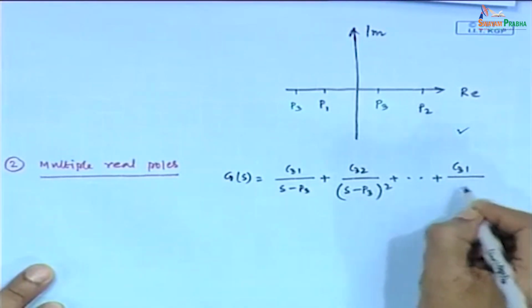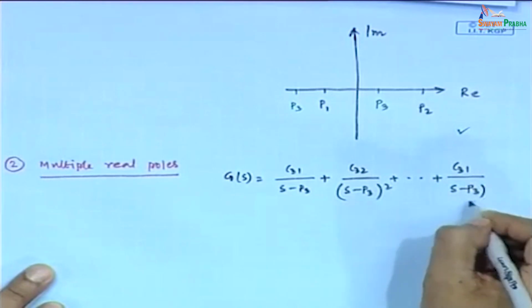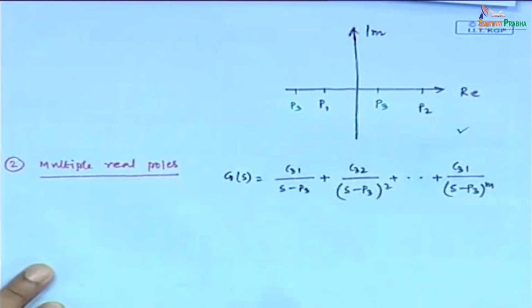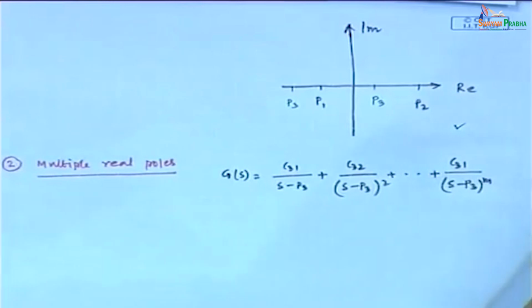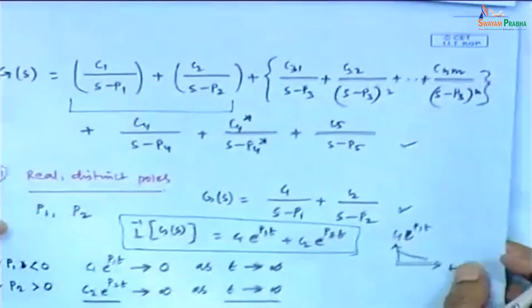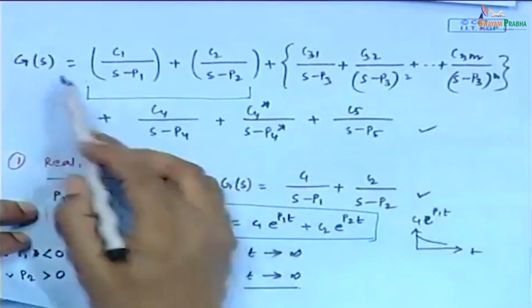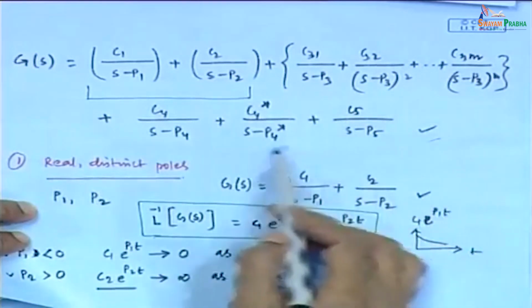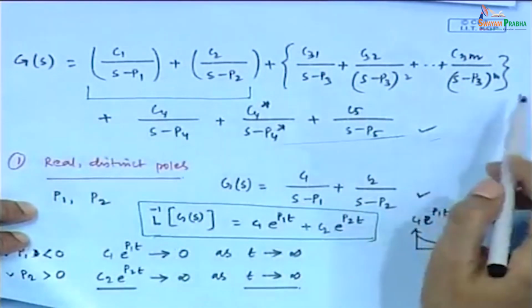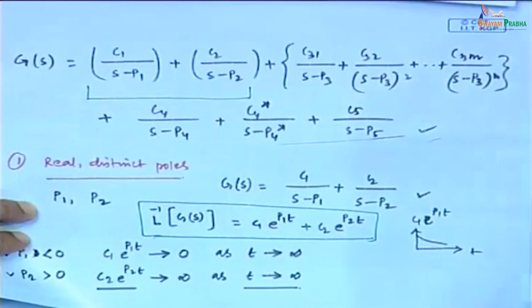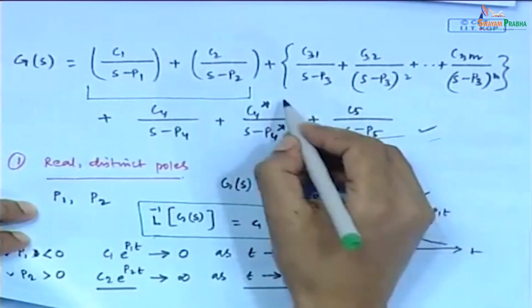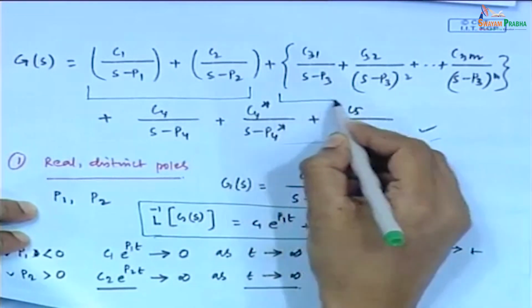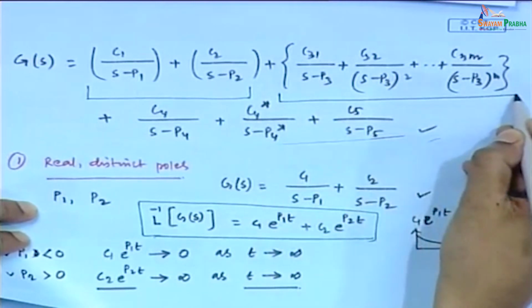The last term is C3m by (s minus P3) whole to the power m. This is the general expression of the transfer function, and to consider the multiple real roots, we are considering this part as the transfer function.